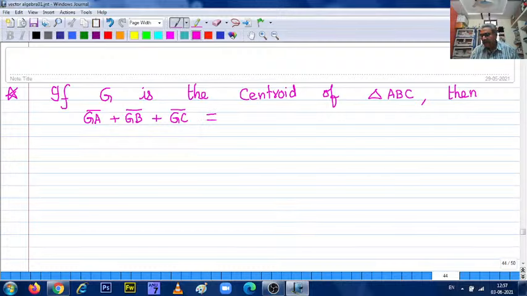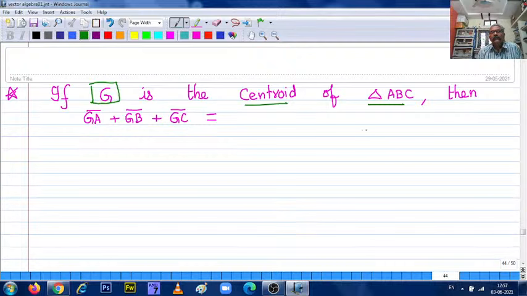Anybody respond? What is the answer? You will get it. If G is the centroid of triangle ABC, then GA bar plus GB bar plus GC bar is equal to how much?